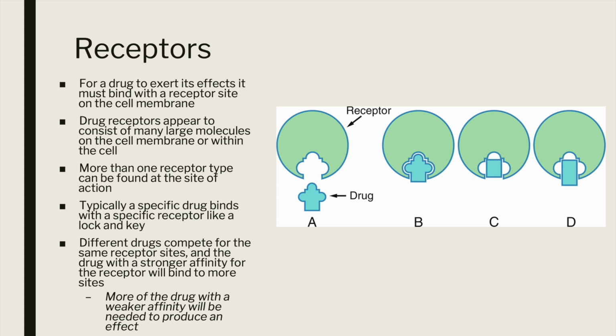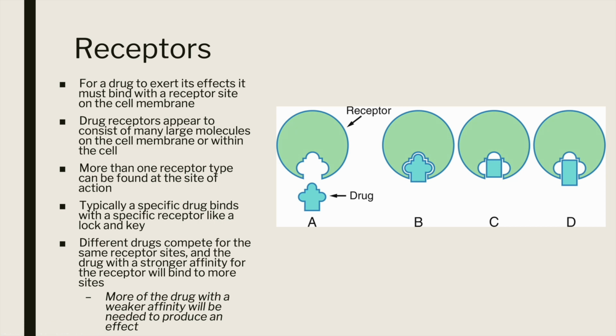Different drugs can compete for the same receptor sites. Drugs with a stronger affinity for the receptor site bind to more sites. So this drug fits better, so we could say it has a better affinity for the receptor site. These drugs over here will still bind, but they probably don't have the same affinity because they're not really the right shape.